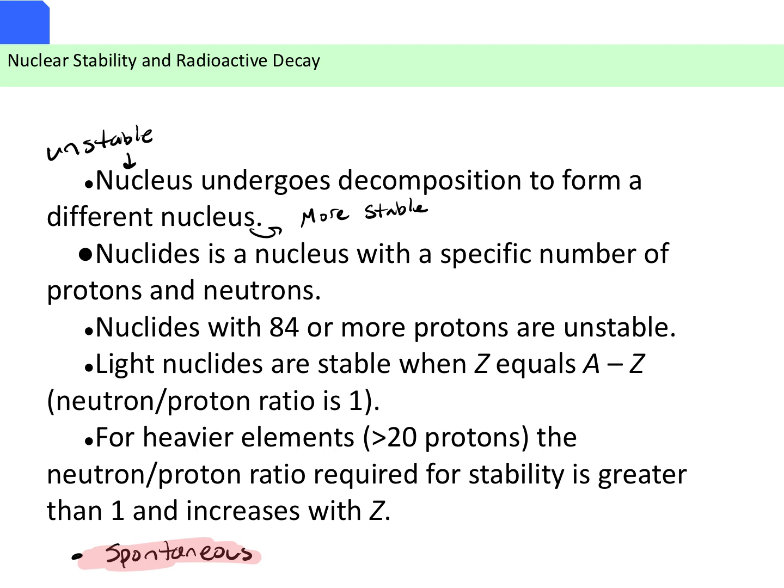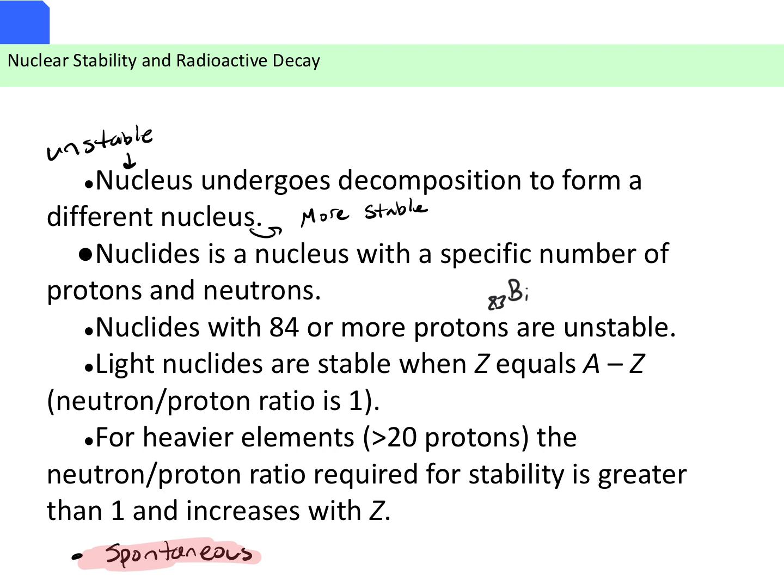What we have observed is that nuclides with 84 or more protons are unstable, always, regardless of how many neutrons they have. Bismuth is the last stable nucleus of the periodic table, and anything larger than bismuth, which is atomic number 83, is going to be spontaneously radioactive no matter what.